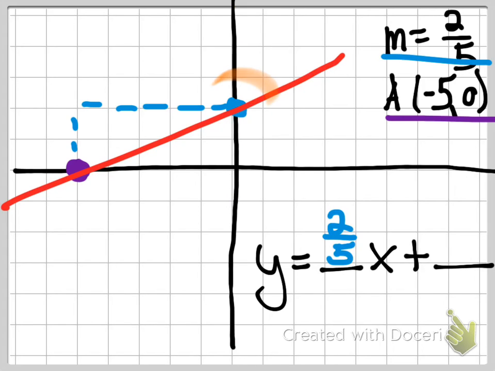It crosses right there. To get there, I start at the middle and go up 2. So that would make my y-intercept 2, and it's positive because I went up, not down. So that solves the very first one for us. y equals 2/5 x plus 2.